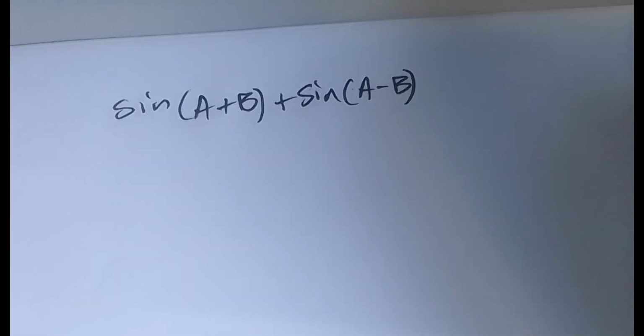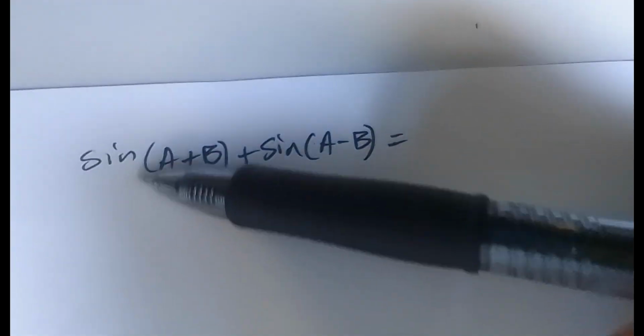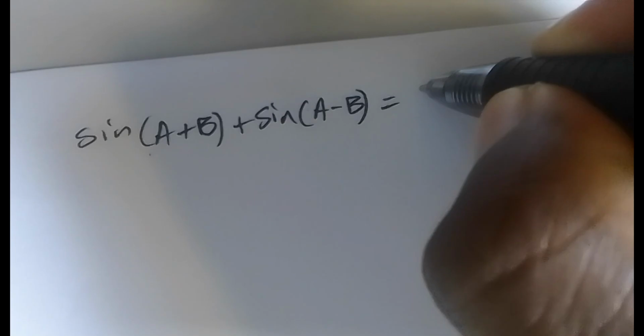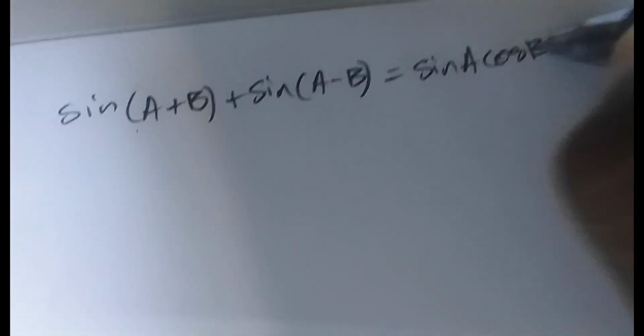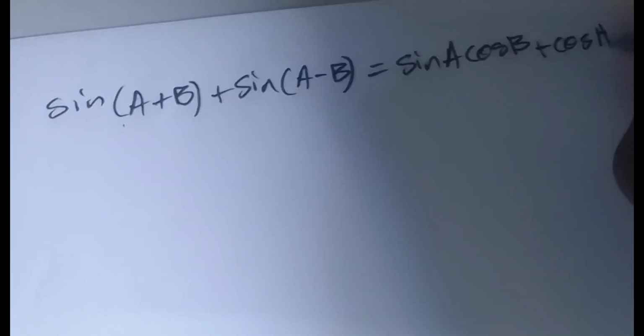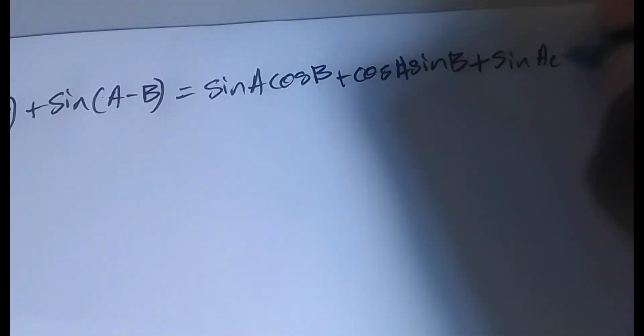So we have sine A plus B plus sine A minus B. If we're adding this side, then the equivalent could be the sum of the right hand sides of the identities. For the first it's sine A cos B plus cos A sine B. Then since we're adding, for this one it's sine A cos B minus, since it's minus there and it's sine, minus cos A sine B.